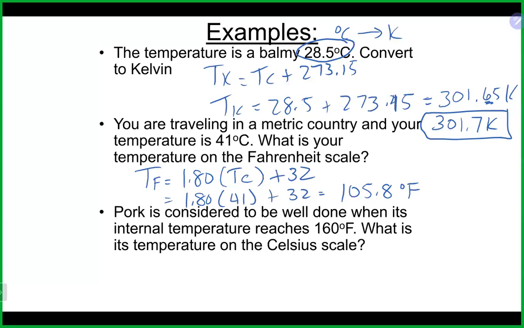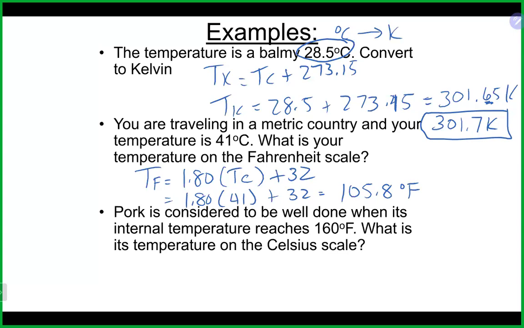And really the reason why we do our general rounding rule here with temperature is actually for this conversion and the other conversion. Here we use 1.80. Some people will use just 1.8. Some people will use the fraction 9/5. So there's a lot of variance that could happen if you try to follow strict significant figure rules with temperature.